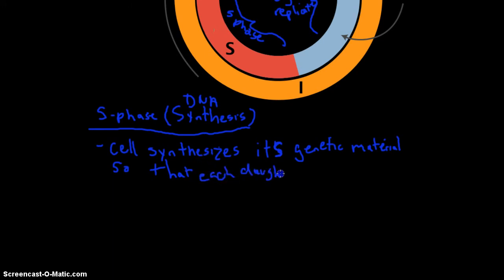Each daughter cell has identical copies.